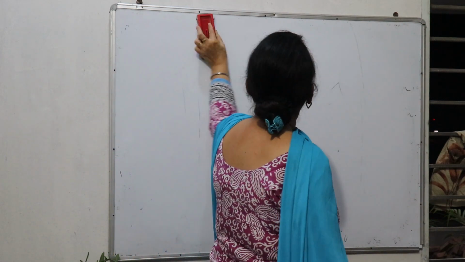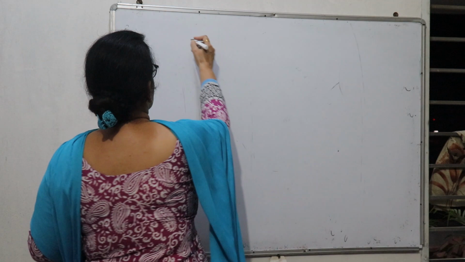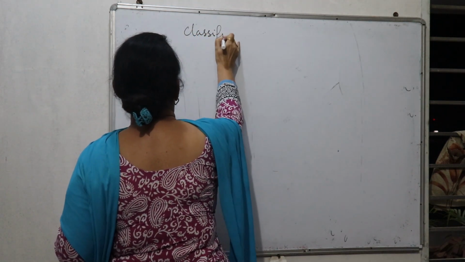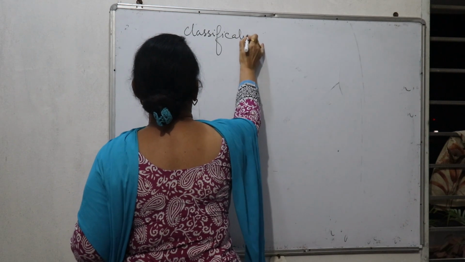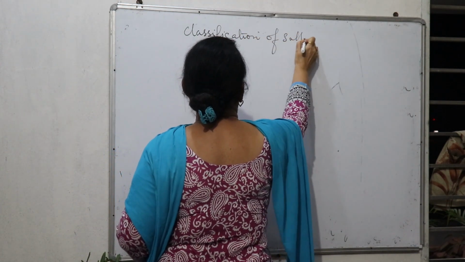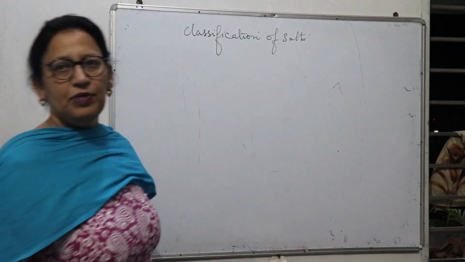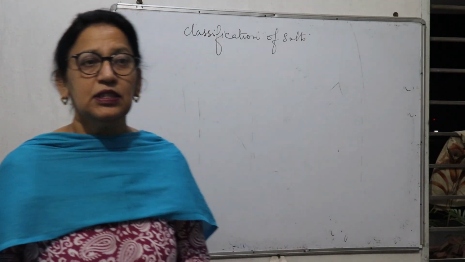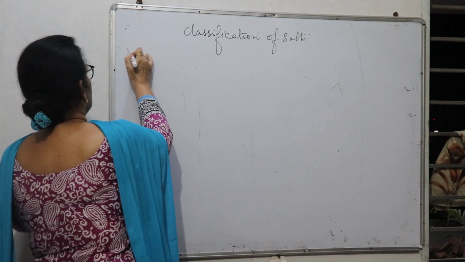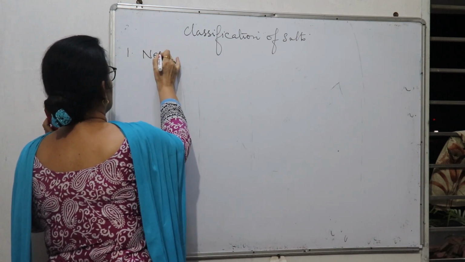Now classification of salts. Salts can be classified into 6 categories. 6 types of salts are there. First type, that is normal salt.